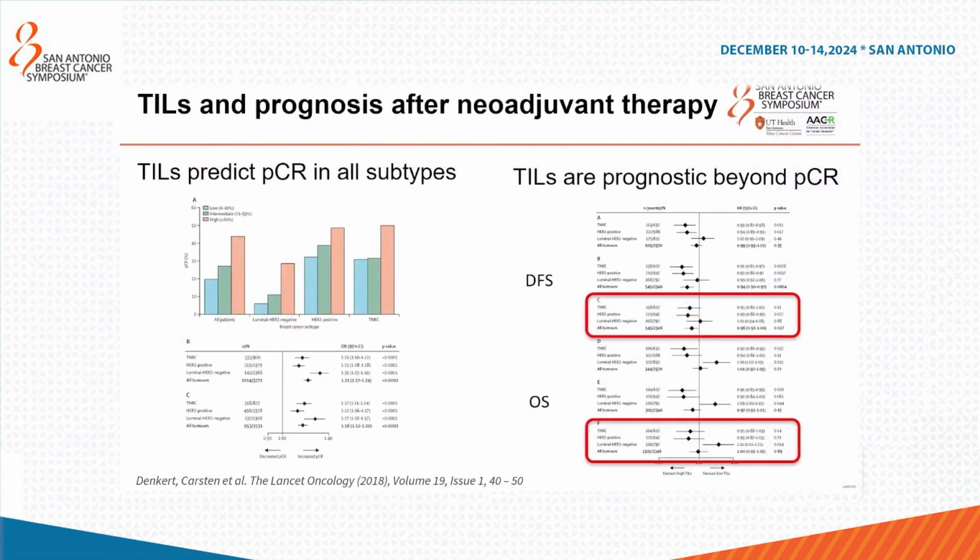In addition, they showed that TILs were prognostic beyond pCR for long-term outcomes, both in terms of disease-free survival and overall survival. But interestingly, this was seen only for non-luminal subtypes of breast cancer, while in ER-positive, HER2-negative disease, the correlation was inverse, with high TILs associated with worse overall survival.